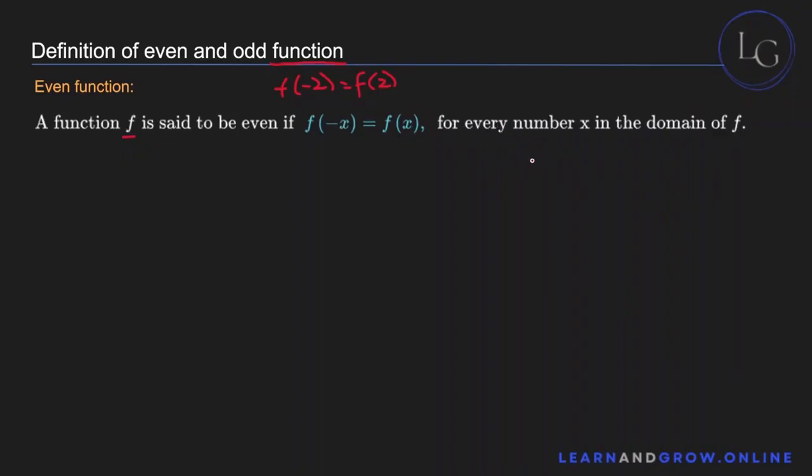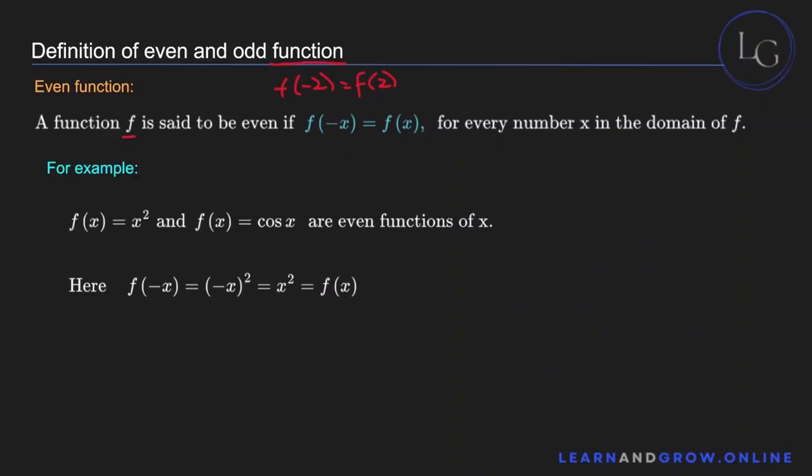So let's say you have this function here, right? f of x is equal to x squared. Now, if you plug in f of negative 2, that will become negative 2 whole square, because x is replaced with negative 2. That is equal to 4. So if you plug in positive 2 here, that will become 2 whole square, which is also equal to 4.